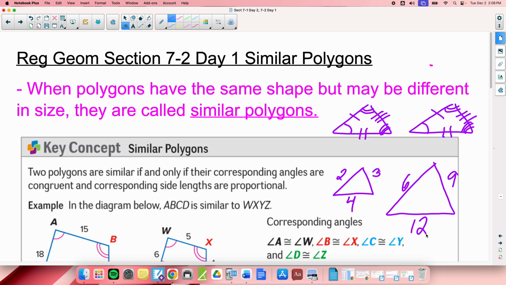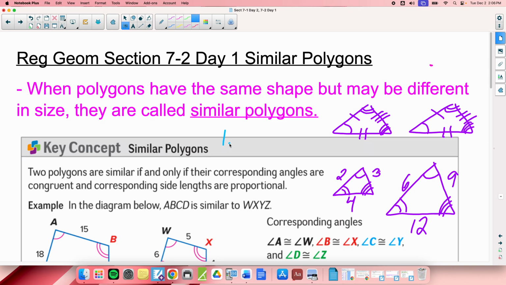Then, what would happen is your angles stayed the same. So if this had 1 arc originally, it would be congruent to this, and it would have 1 arc. This angle would stay the same as that angle, and this angle would stay the same as that angle. So what happens when you take a figure and you either blow it up or you shrink it down is 2 things.